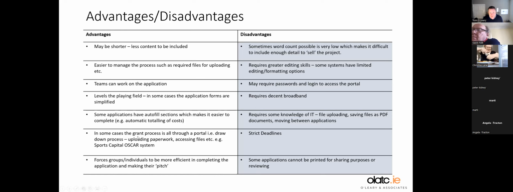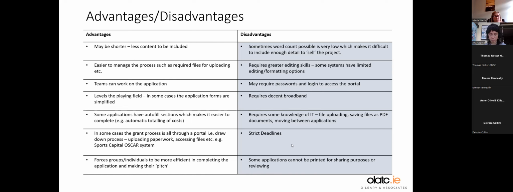And in some cases, all your paperwork is in the one portal. So, for example, in the sports capital funding, it's called the OSCR system, and the OSCR system is where you have all your paperwork, all your files in one location.